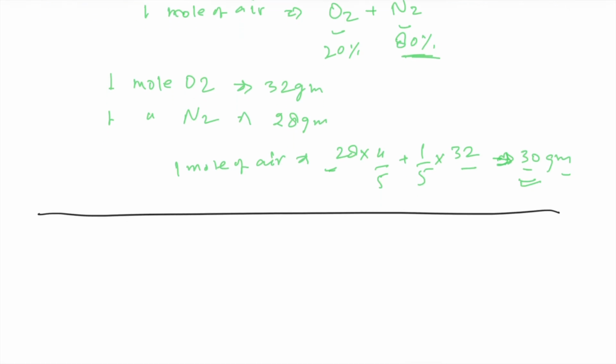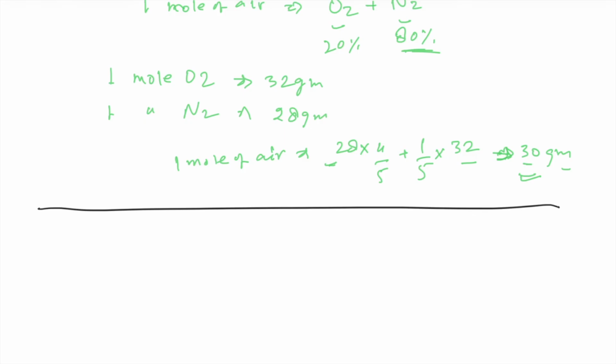Okay, so now 1 mole of air has 30 gram of N2 plus O2. The mass of 1 mole of air would be 30 gram, right? And the oxygen, out of this 30 gram, would be 20% of 30, which would come around 6 gram.